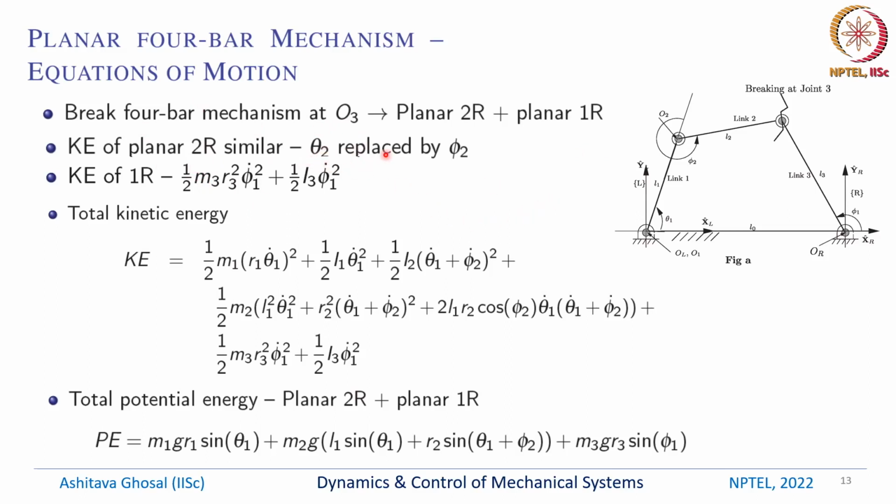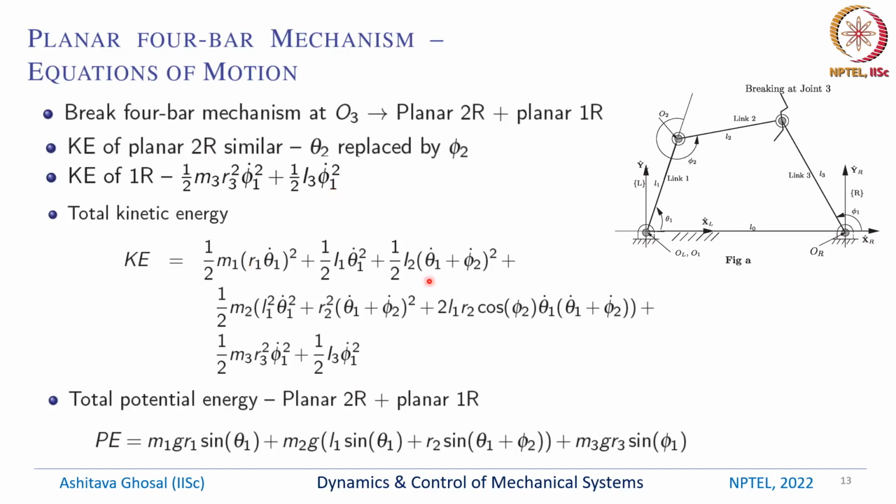All we need to do is replace theta 2 by phi 2. In the planar 2R we had theta 1, theta 2. Now we have theta 1 and phi 2. The kinetic energy of the 1R is also a simple pendulum, which is half M3 R3 square phi 1 dot square plus half I3 phi 1 dot square.